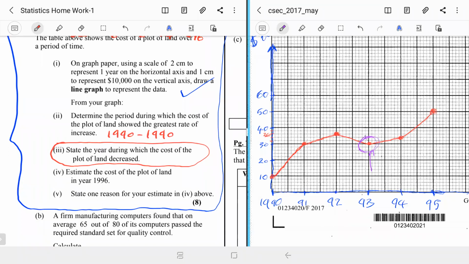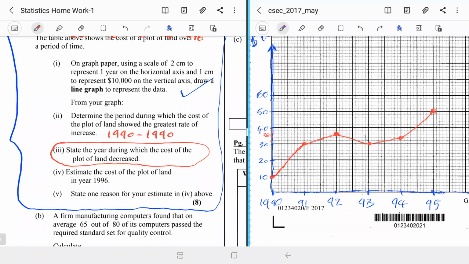Therefore you have to be explicit with the years by looking at the graph. It decreased between 1992 and 1993. You cannot say 1992, and you also cannot say 1993.